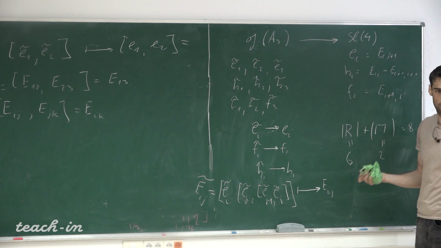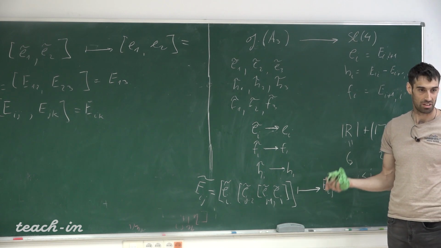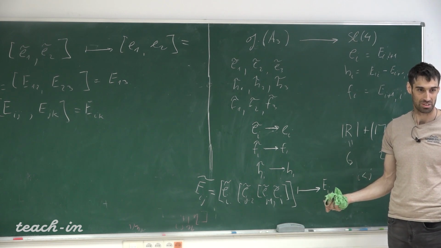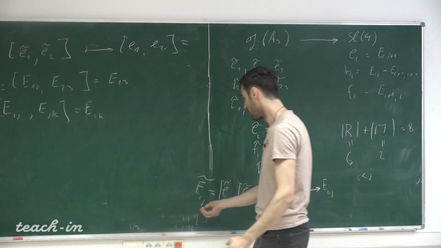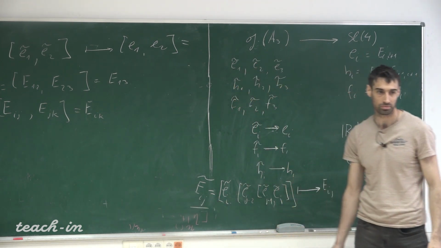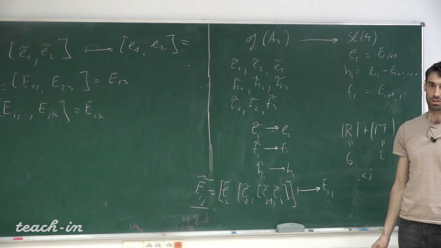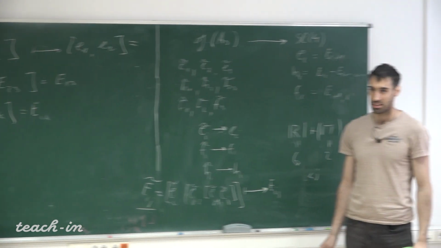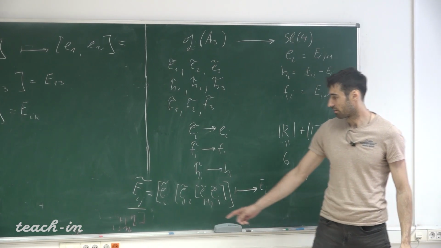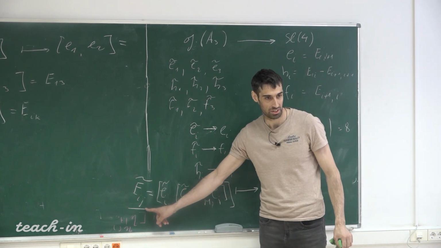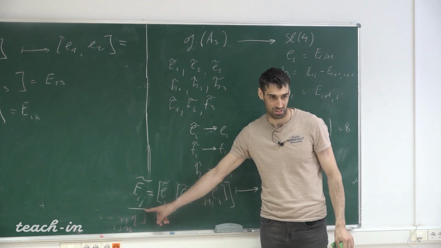But in SL4 I know that it is actually a basis. Okay, so I know now that this is linearly independent. Now the only thing that I need to check is that I don't have more linearly independent elements in here.